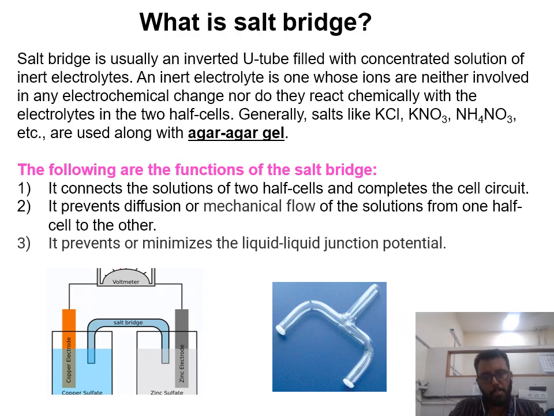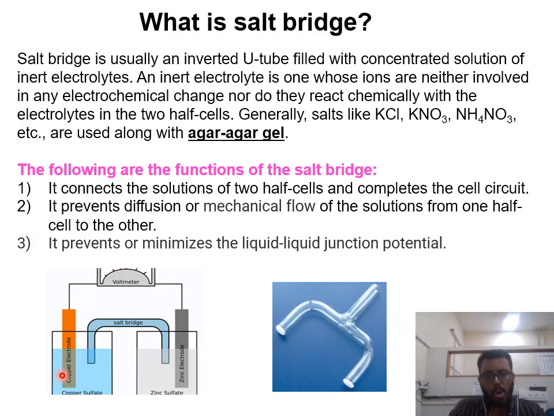Now, this is one of the important concepts which you should understand, that is salt bridge. So salt bridge is nothing but an inverted U-tube which contains a concentrated solution of inert electrolytes. An inert electrolyte is one whose ions are neither involved in any electrochemical change nor do they react chemically with the electrolytes in two half cells.